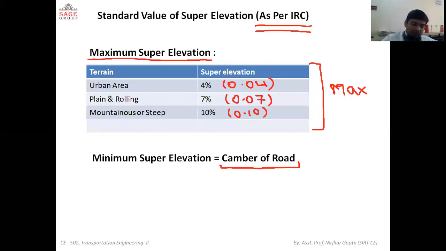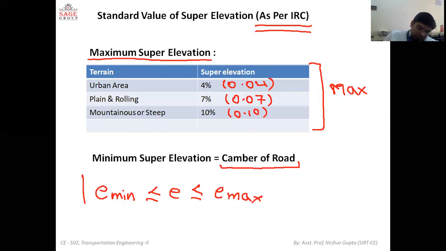So if we form a relation between the maximum and the minimum, we can obtain the range: e minimum, that is the camber of the road, will lie somewhere between the actual value that has been worked out and the maximum value.